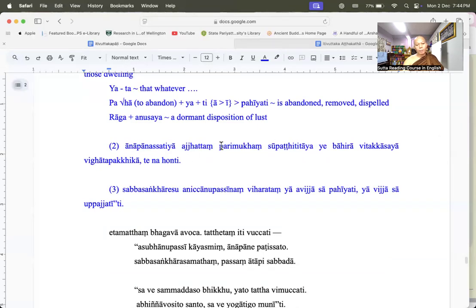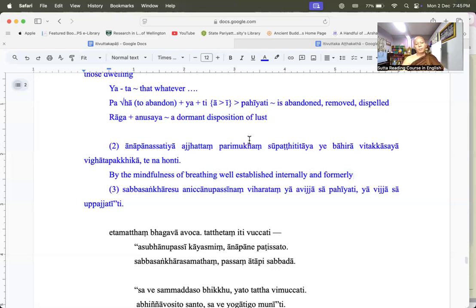By being established, with the instrumental case also, by the mindfulness of breathing, we are established internally and in front.